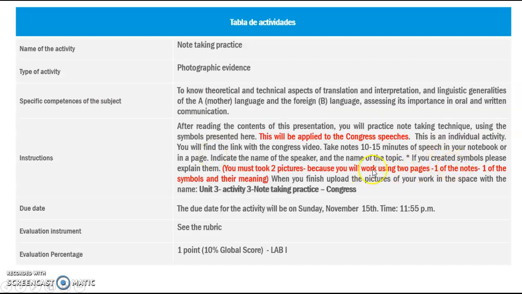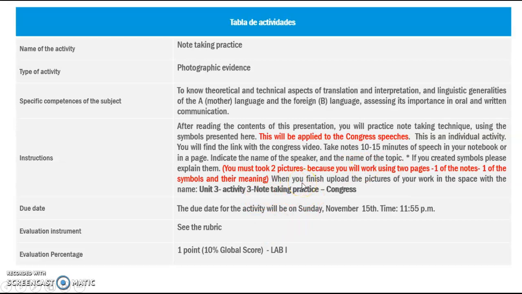Then, because you are using symbols, you are going to do it in one page, the symbols, but in another page you are going to give me the meaning of those symbols, of those abbreviations that you use. So you are going to take 2 pictures of your work, one of all the symbols that you use, and the other picture is about the meaning of those symbols.